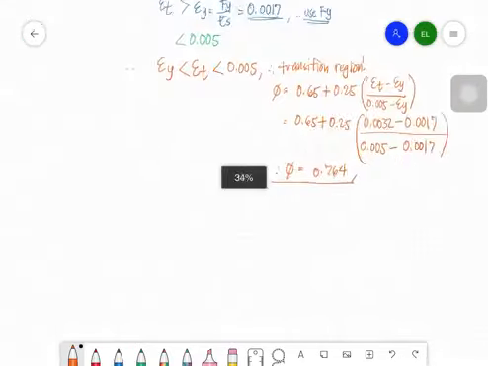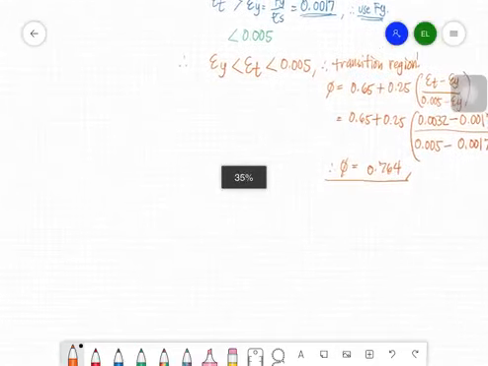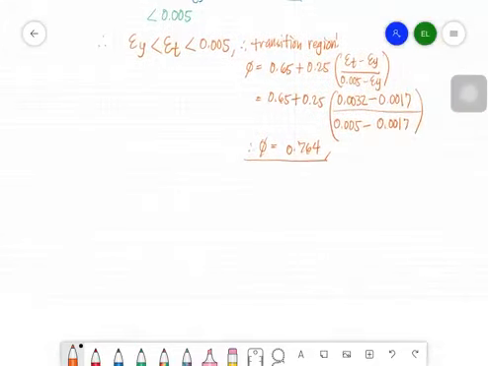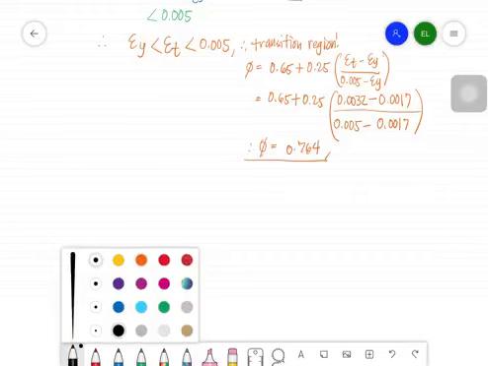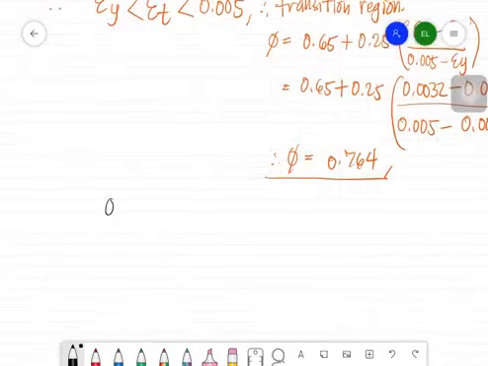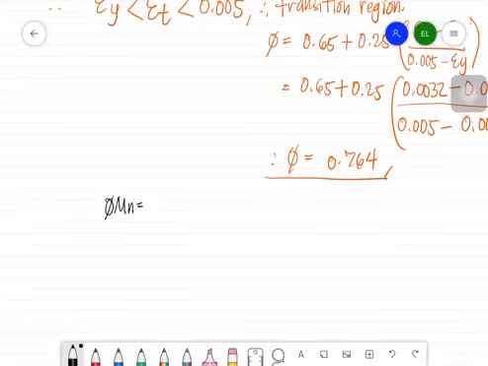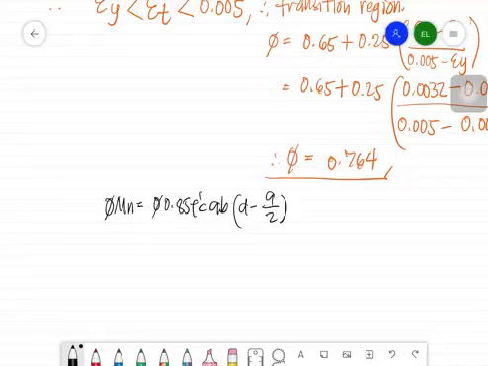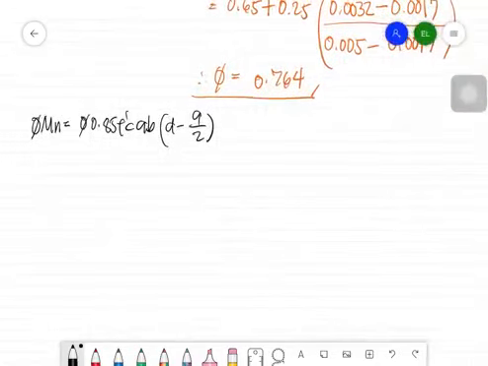So we have the reduction factor already, therefore we may now proceed in getting the value of phi Mn. We have phi Mn equal to phi times 0.85 F prime C A B times D minus A over 2.